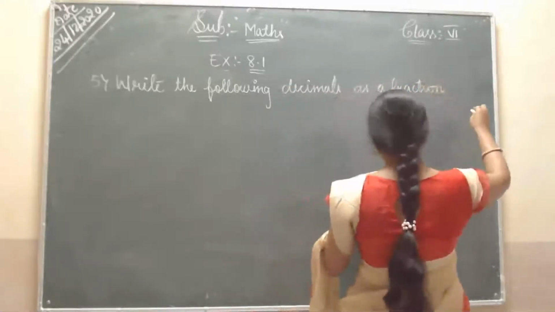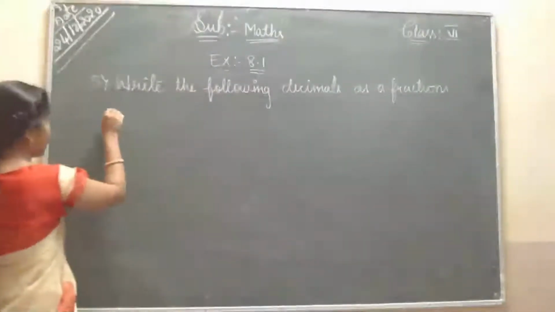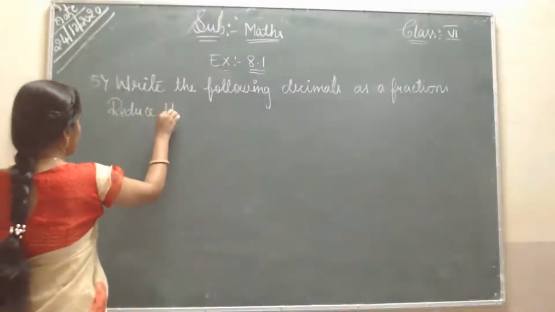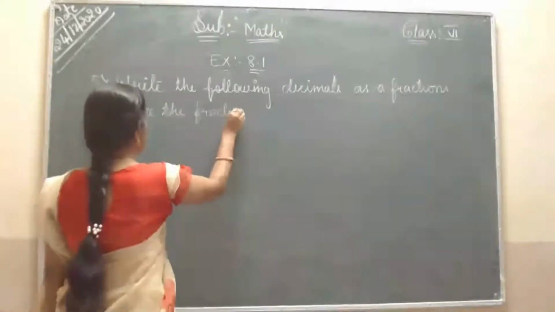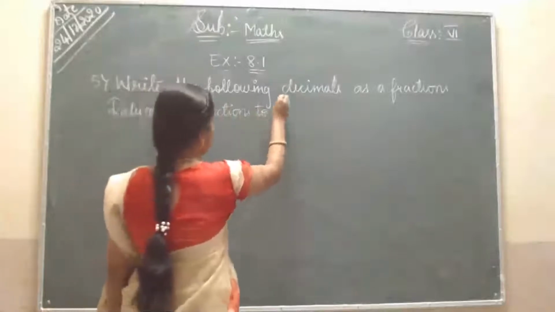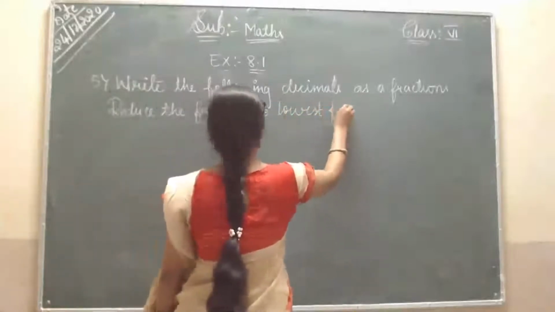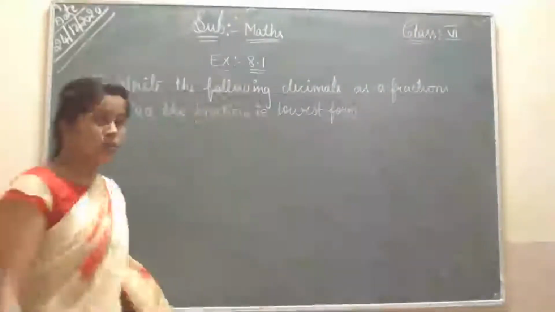As a fraction, reduce the fraction to lowest form. We have to convert this into fraction first and then into lowest form.